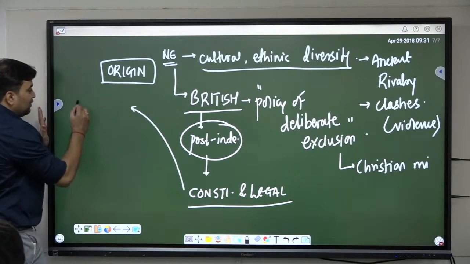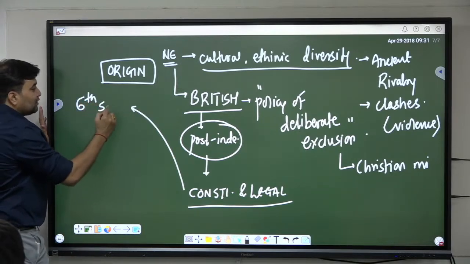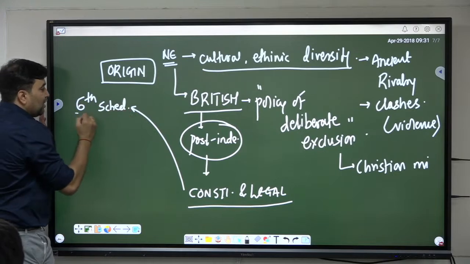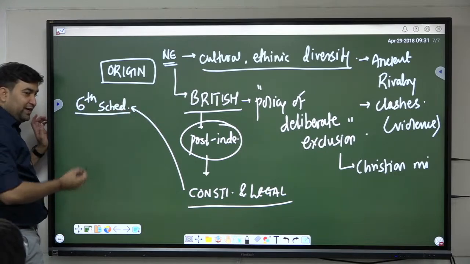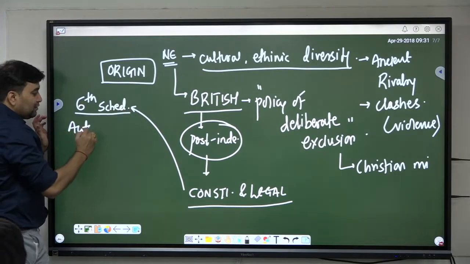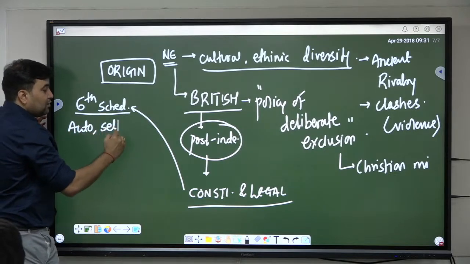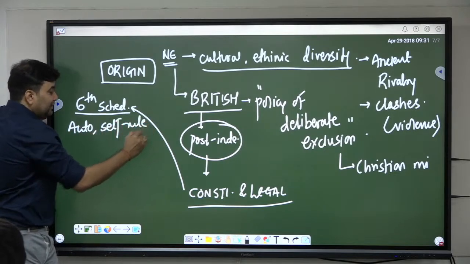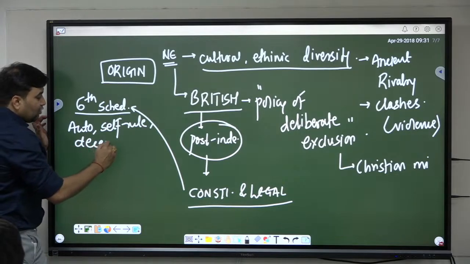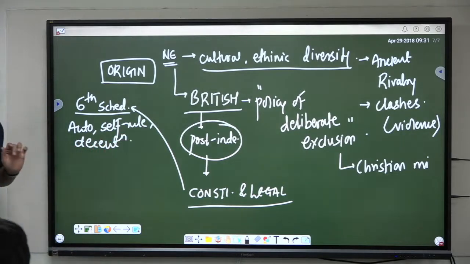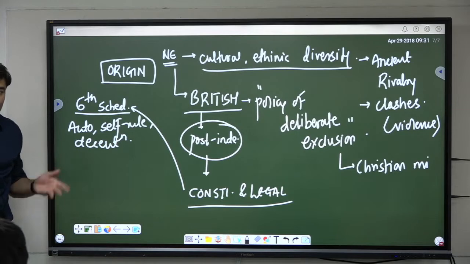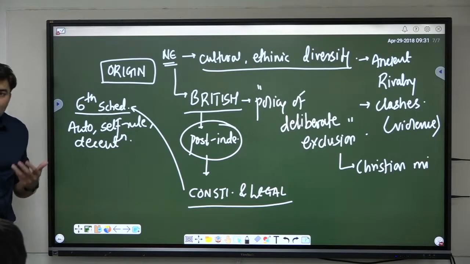Basically, first was by bringing the 6th Schedule. Under the 6th Schedule of the Constitution of India, more autonomy, self-rule and decentralization was provided, so that people can govern for themselves in the states of Assam, Tripura, Meghalaya and Mizoram.